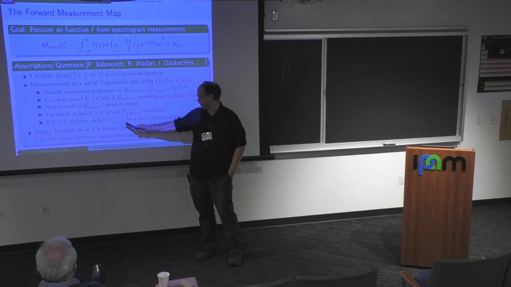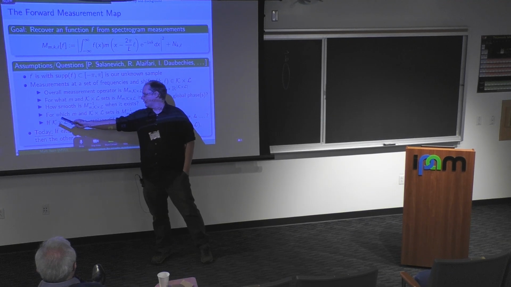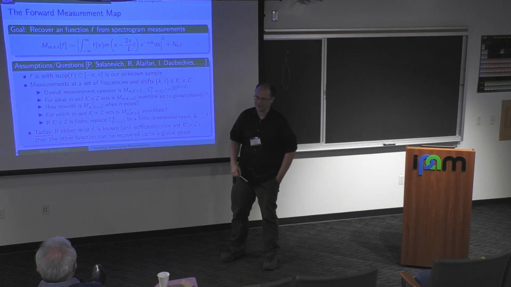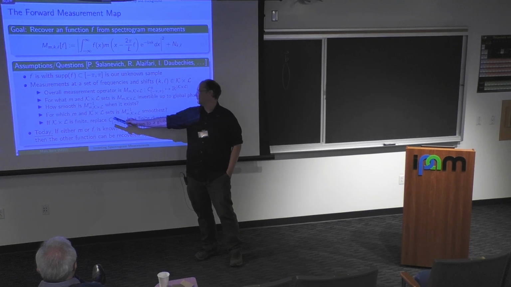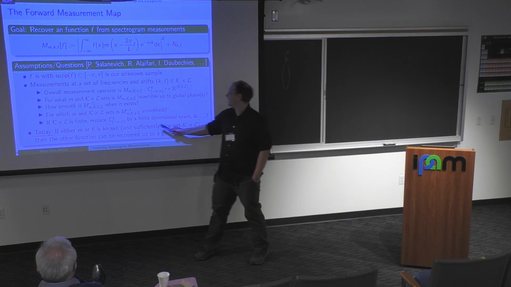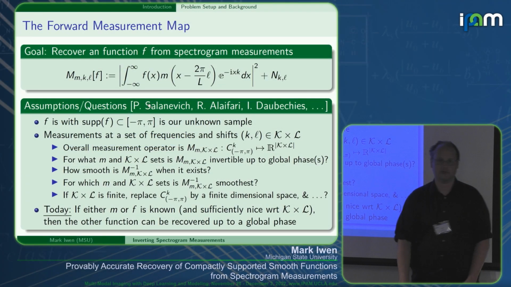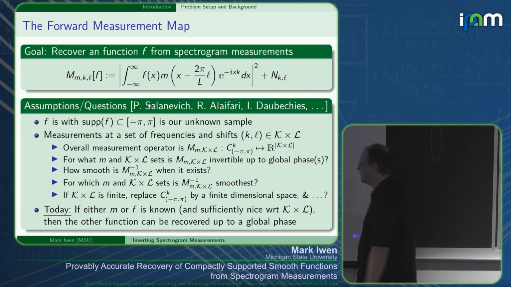And for theoretical issues, I'm also kind of interested in, generally you can only collect a finite number of measurements when you're imaging something. So if you really want to recover an infinite dimensional function, when you take a finite number of measurements, what can you say about the best way to come up with a finite dimensional approximation to this infinite dimensional function?